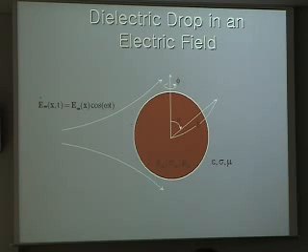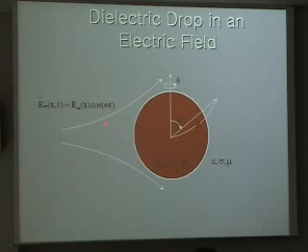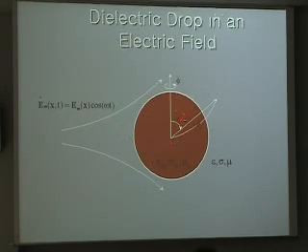Then to compensate for that electrical stress difference, we must have hydrodynamic shear stress. So that hydrodynamic shear stress generates the flow inside. And then in that case, by modulating the external field, we may generate a certain chaotic circulating flow inside.